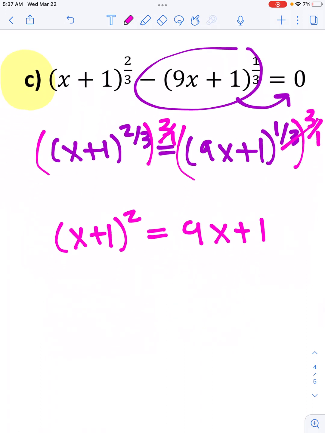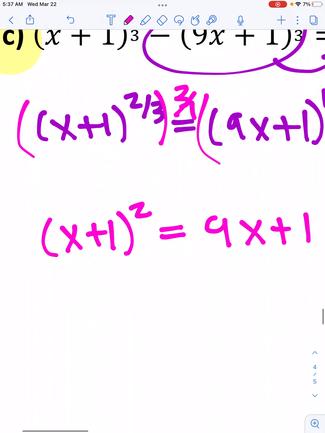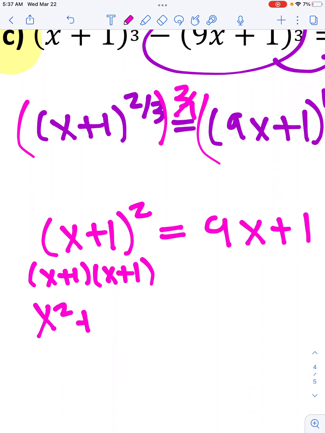So then we would need to work out this quadratic, and then move these over and solve by factoring like we did in other ones. This one actually, I'll go through because we're going to use a GCF factor. So if I do x plus 1 squared, I get x squared plus 2x plus 1 equals 9x plus 1.